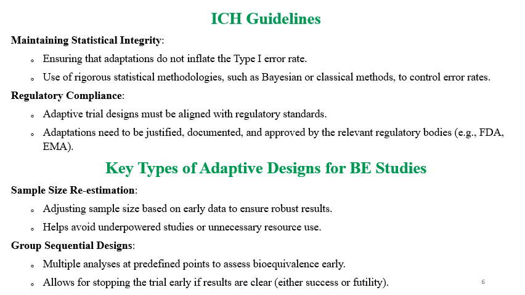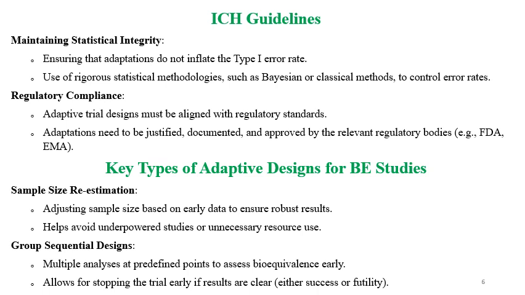See, now coming to the key types of adaptive designs for BE studies. What are the types? What changes can you do? These are the key types of adaptive designs. First is sample size re-estimation. That means you can adjust the sample size, based on early data, to ensure robust results.